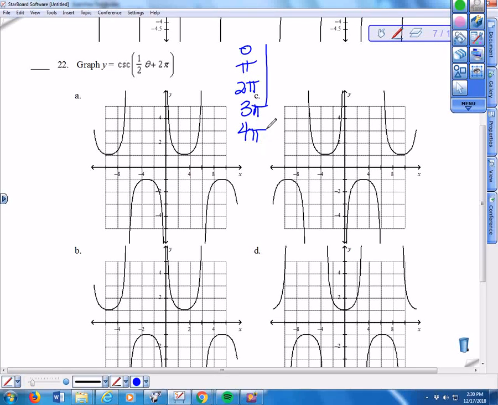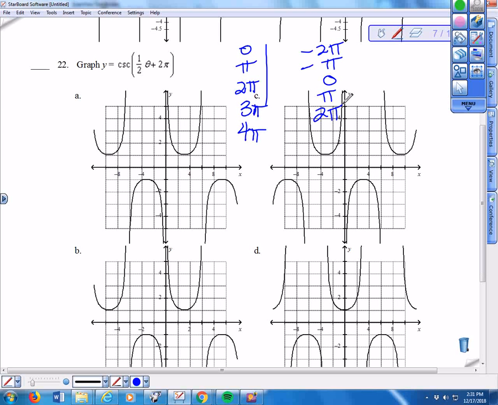And if it shifts by 2 pi, I'm going to be subtracting 2 pi, right? So this becomes negative 2 pi, negative pi, 0, pi, 2 pi. Those are going to be where my key points are.